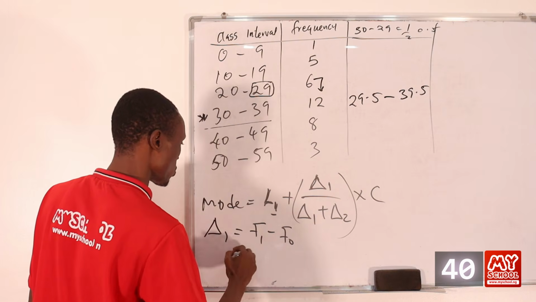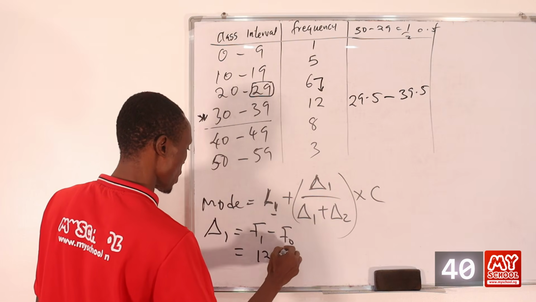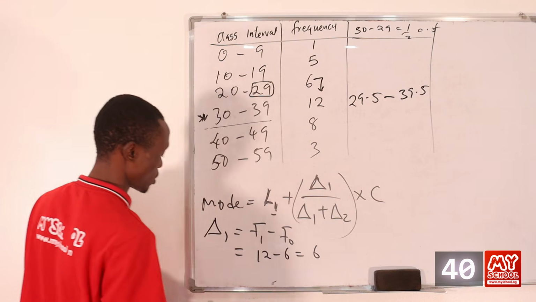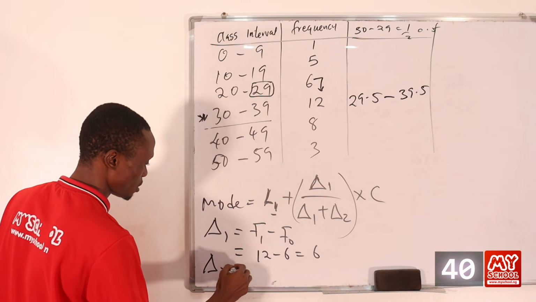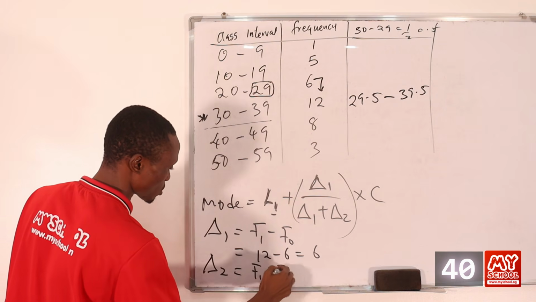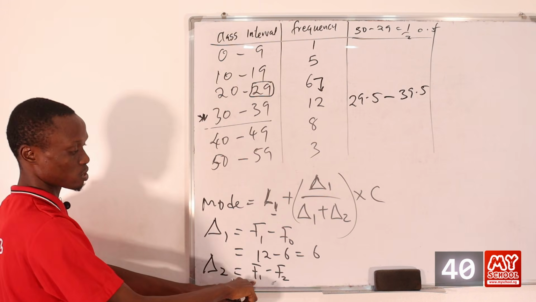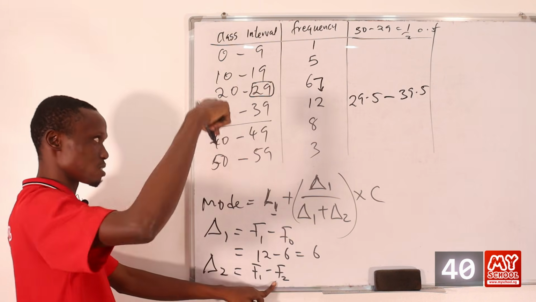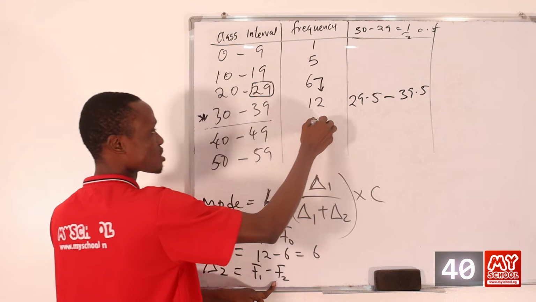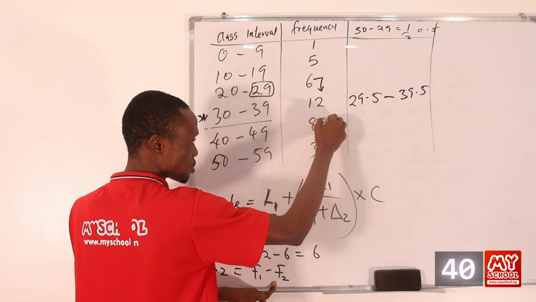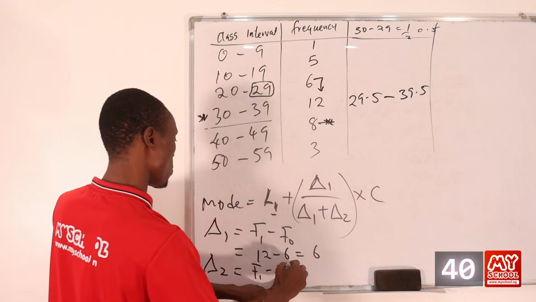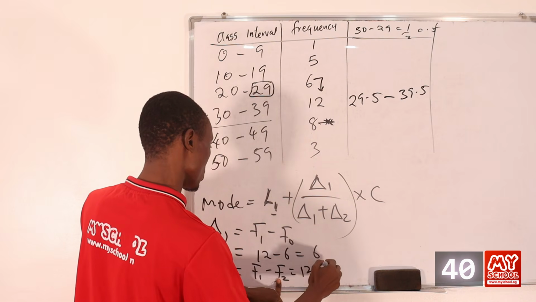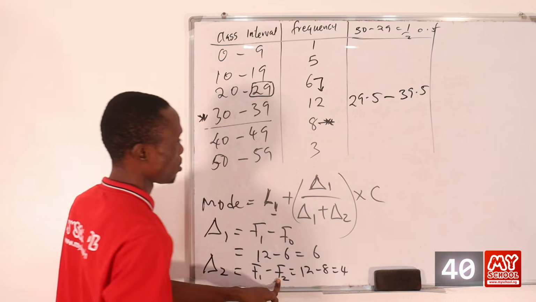So this will be 12 minus 6, and that will be 6. Then delta 2 is F1 minus F2. We already know what F1 represents. Now, F2 represents the frequency after the modal class, that is 8. So here we have 12 minus 8, and that equals 4.